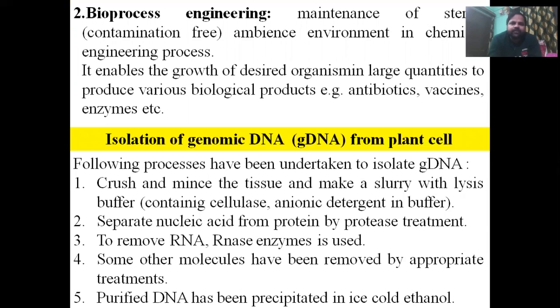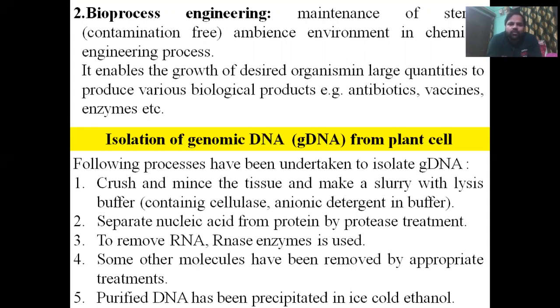The second principle is bioprocess engineering. The main principle behind bioprocess engineering is just to maintain the sterile condition. It means to make the environment contamination free, and this is the ambience environment in the chemical engineering process we create for the preparation of several products utilizing the life forms.